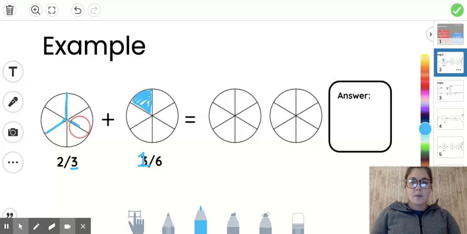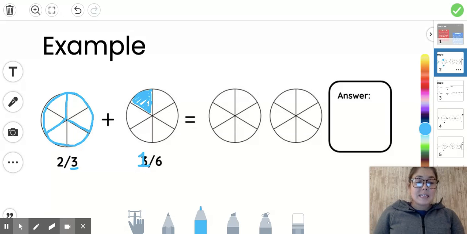Here I am, I'm cutting it up into thirds. I'm going to add this blue ring on the outside so that it's maybe a little bit more clear. Now, I used the already existing lines, and I made it so here's 1/3, here's another third, if you can see my little cursor, and here's another third.